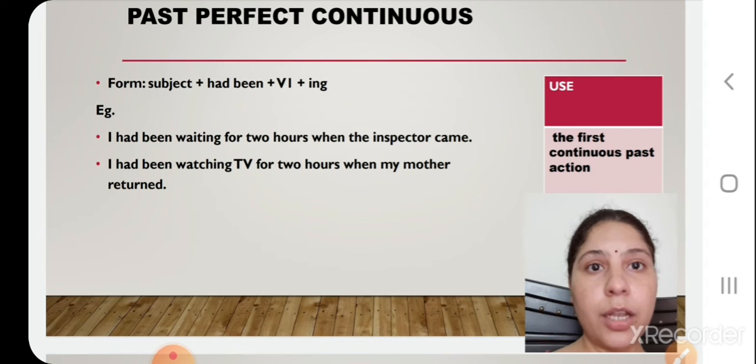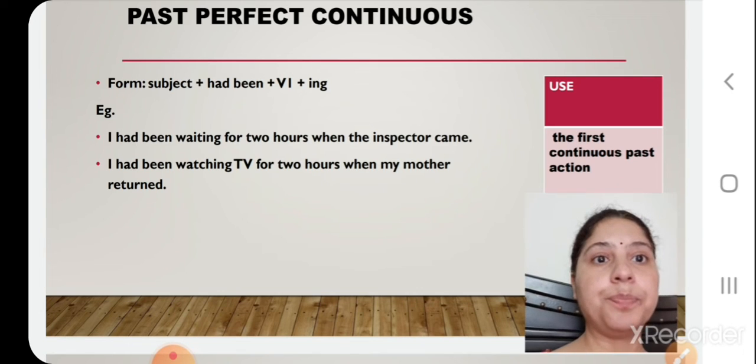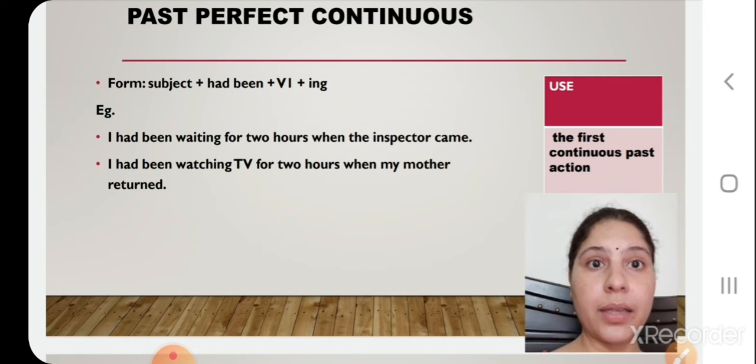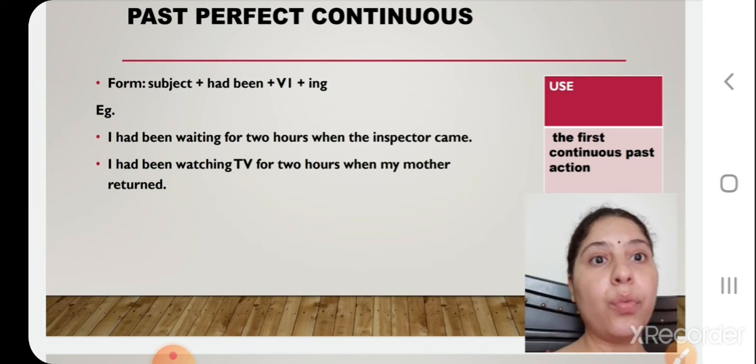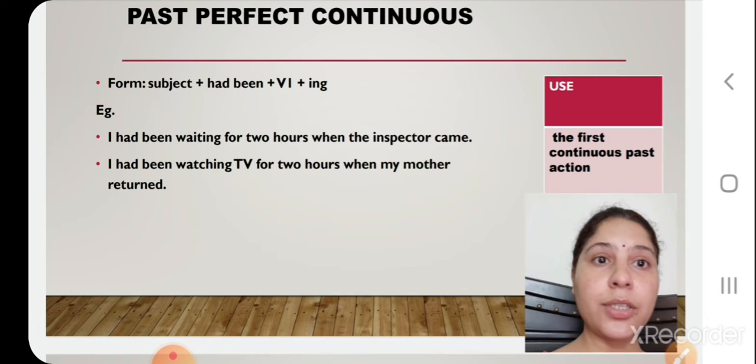So here look at the example. I had been waiting for 2 hours when the inspector came. So the first action is continuing in the past. I had been waiting, and duration of the wait is also mentioned. In past continuous, this duration is not mentioned.